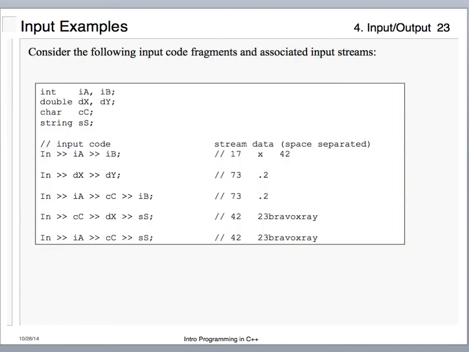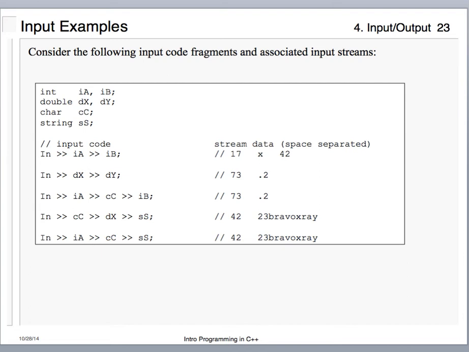So let's consider, for example, this program. If we look, there are several variables declared of various types: int, double, char, and string. Then we're looking at some different input scenarios from the stream in, which, again, is a code snippet, so we don't see where it's actually declared, but it's an input stream, probably from a file. In the comments next to each line, we're seeing what the possible stream data looks like.